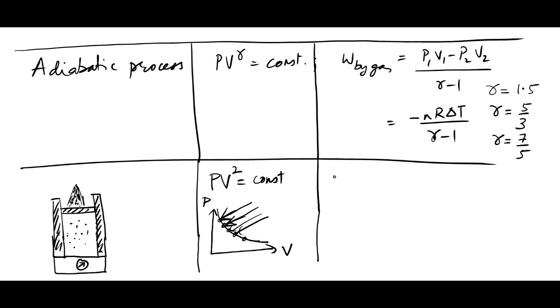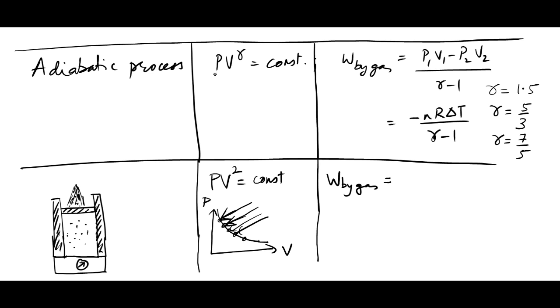Now, the work done by the gas when following the process PV squared is equal to constant. You can directly write the formula if you remember these two formulae.